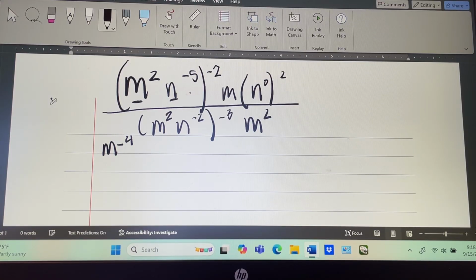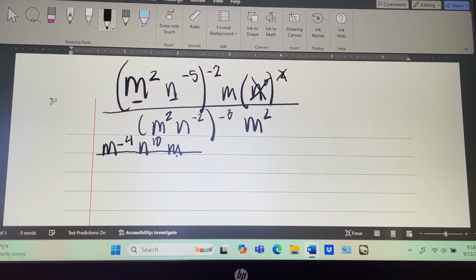The n then is negative 5 times negative 2, which becomes n to the 10th power. Then we have this m. Now you know that anything to the 0 power equals 1. So this is just 1 squared, which is 1. So what we're saying up here is all of this in the numerator is being multiplied by 1. So we can just drop that 1.